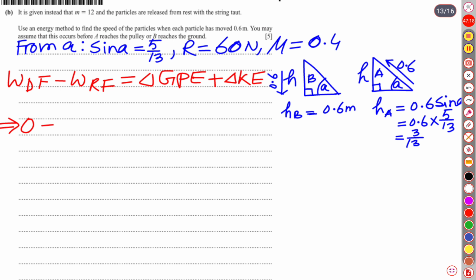Now, as there is a frictional force, the work done by resistance to motion is force into displacement, equal to change in GPE, which is mgh, plus change in kinetic energy, which is half mv squared.